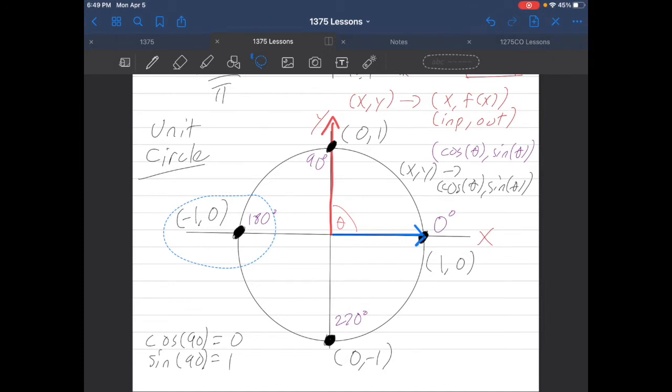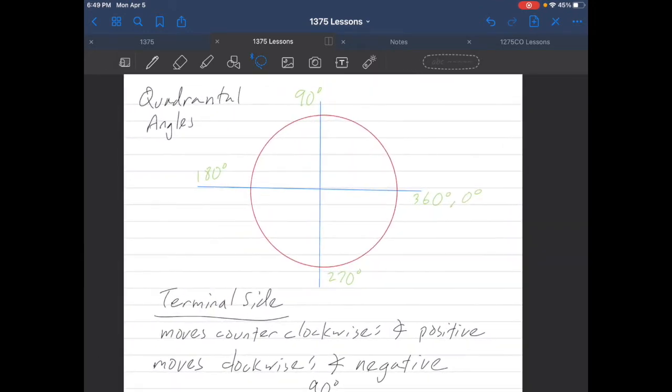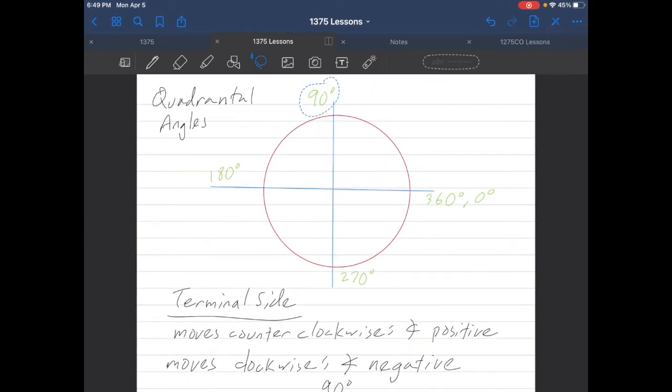And that's really what the unit circle tells us. At what's called a quadrantal angle, that would be 0, 90, 180, and 270, there are angles where we can know the exact value of those sine and cosine terms.